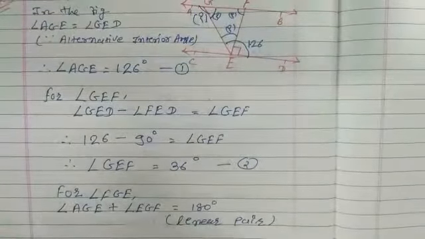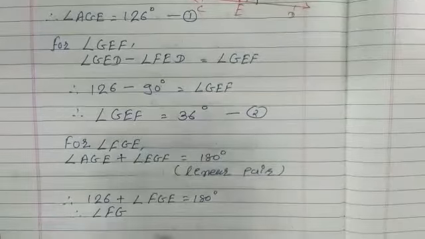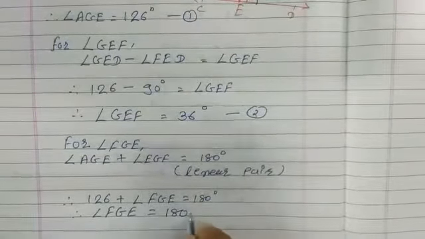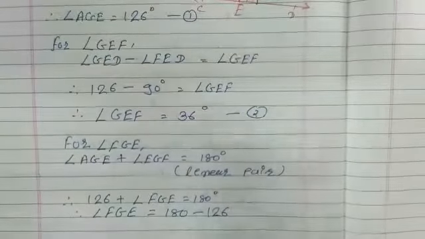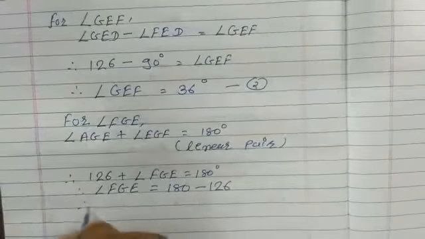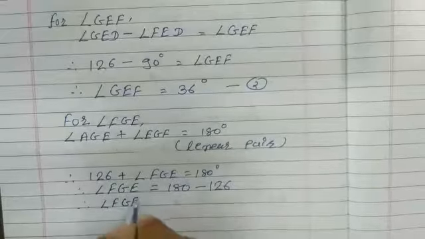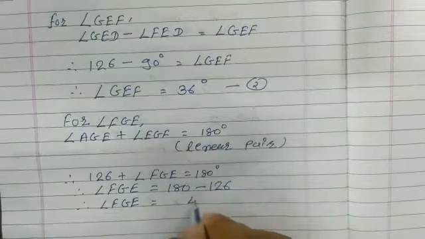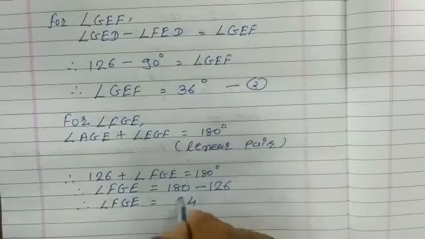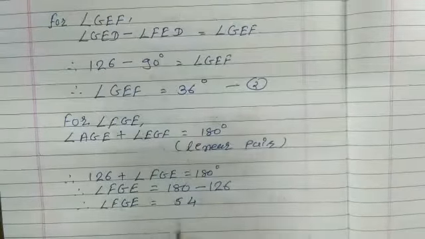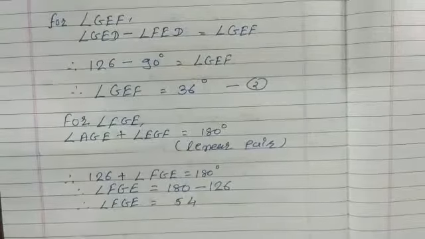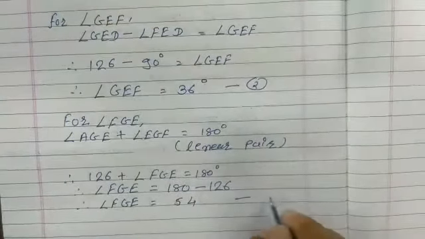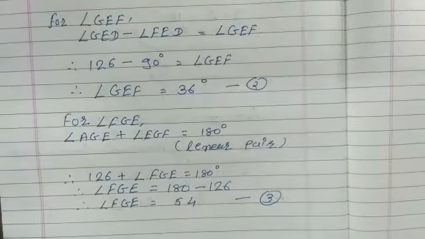So angle FGE is equal to 180 minus 126. That's why 10 minus 6 is equal to 4, 7 minus 2 is equal to 5, and 1 minus 1 is equal to 0. So the final answer is angle FGE will be 54 degrees.